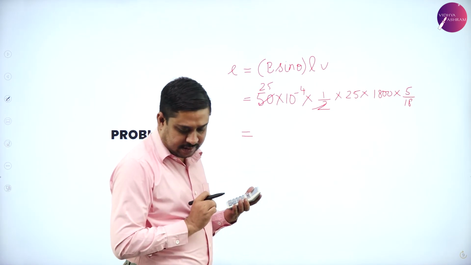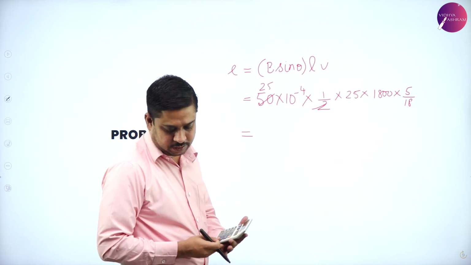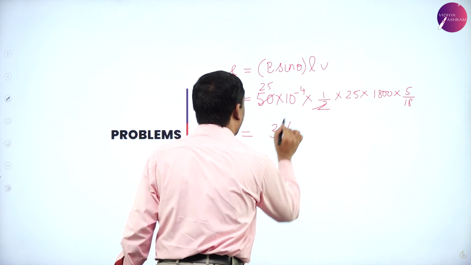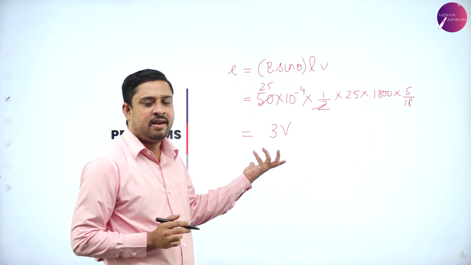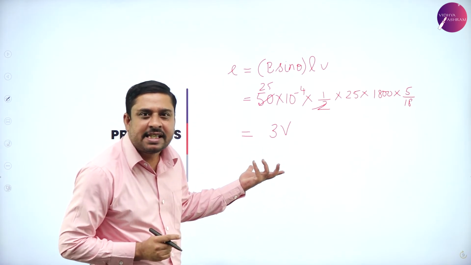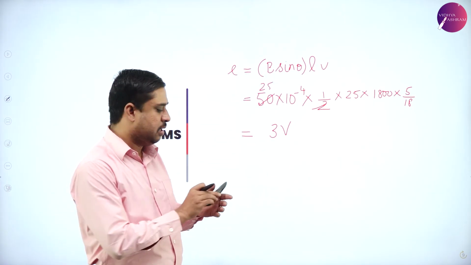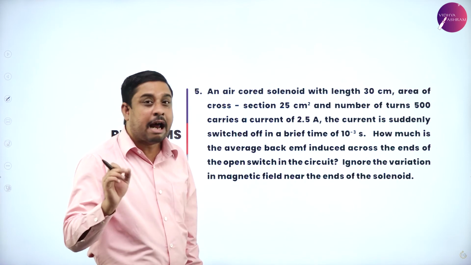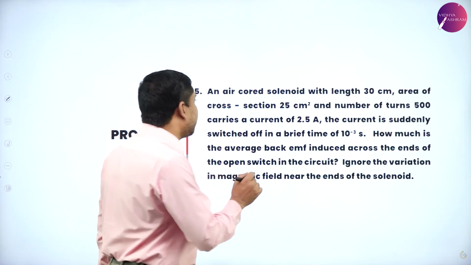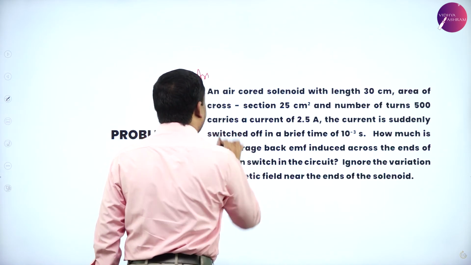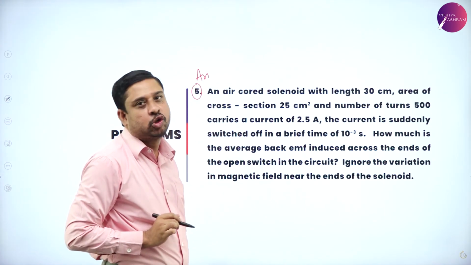So the answer is 3 volts. Nearly 3 volts is the answer. See, again, any quantum physics here? No. Just know the expression, solve. The last one, you will work it out as an assignment, but I will give you a hint to solve.